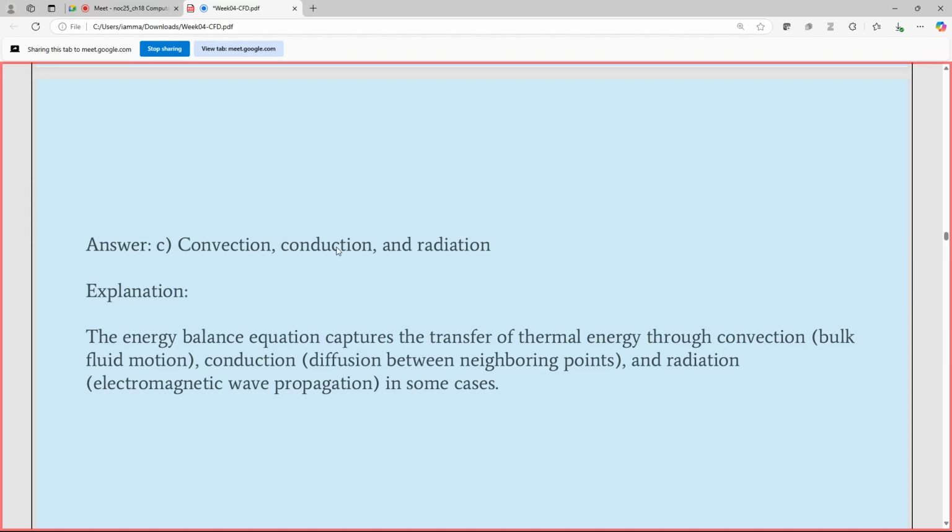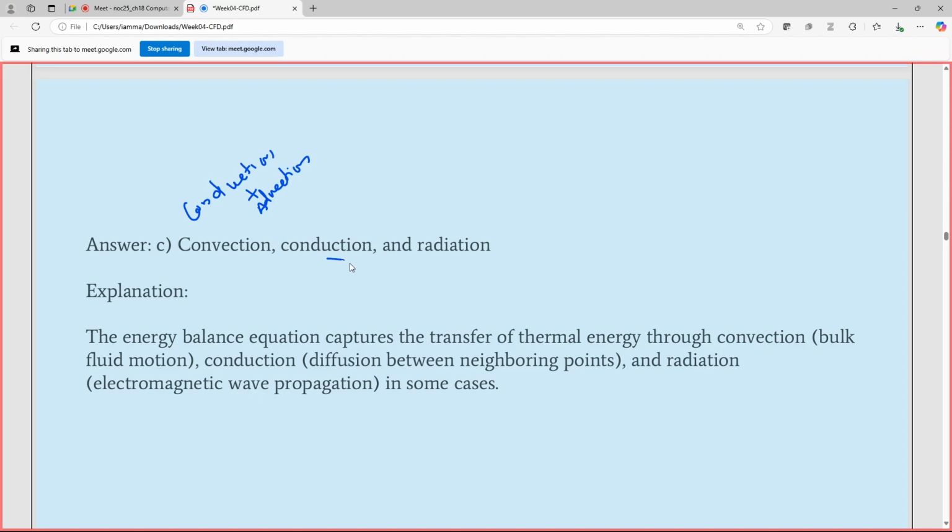So in convection, how thermal energy is transferred through conduction plus advection. The term convection is from conduction plus advection.